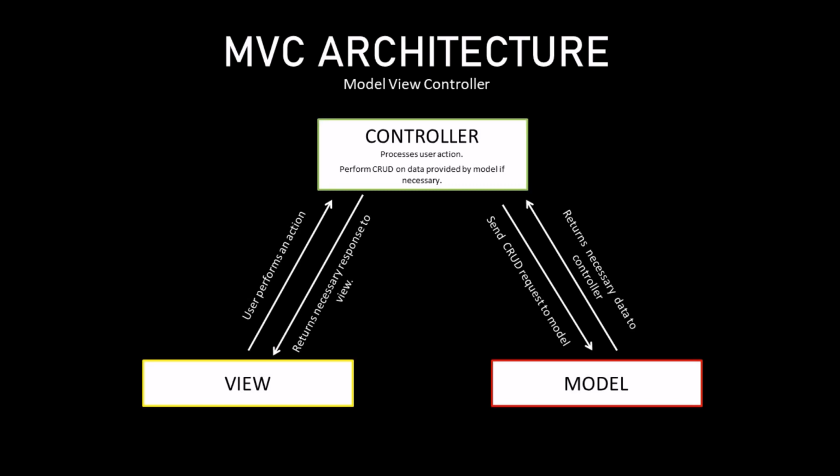The controller is just going to consume it, and then after every action that needs to be executed on the request made by the user has been completed, the controller sends back a response to the view.